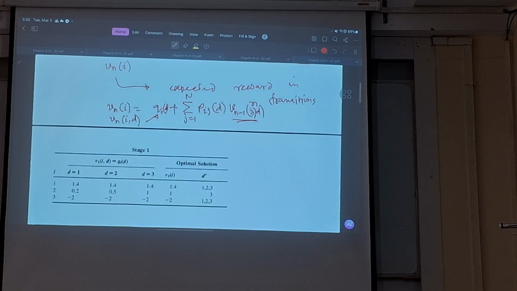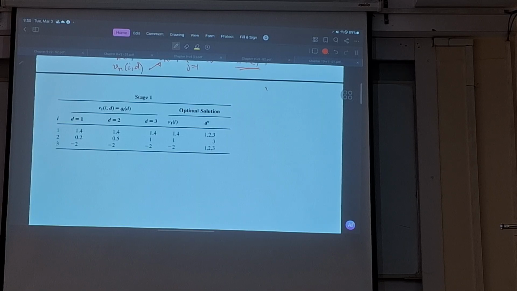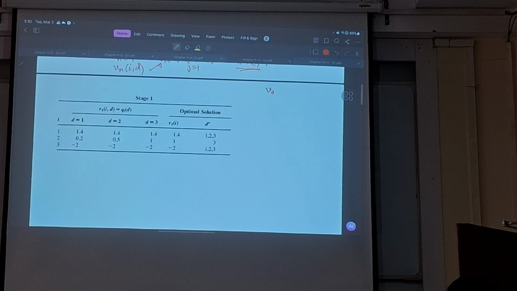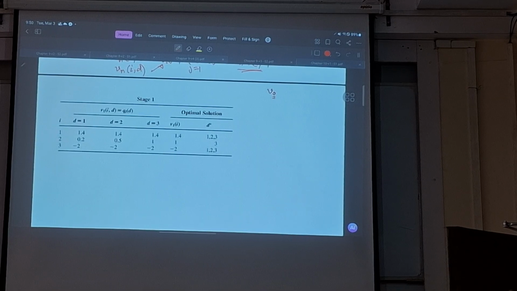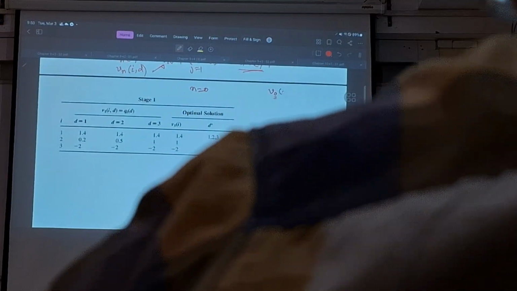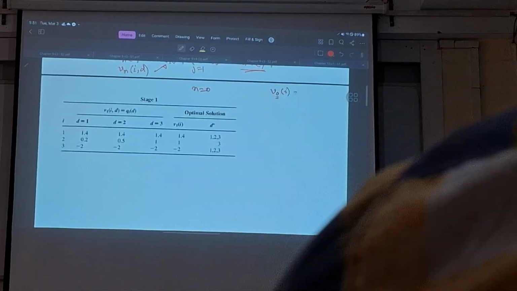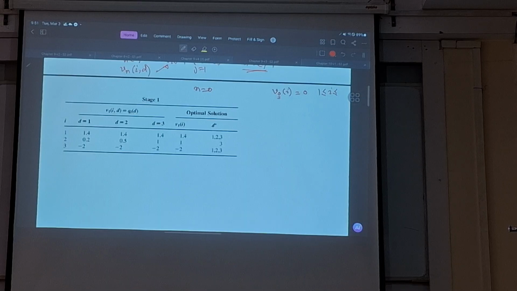So in the first step, what the algorithm does is we start with V0. What is V0 for? V0 is equal to 0 for all i, and we set it to 0 for all i in 1 to n.